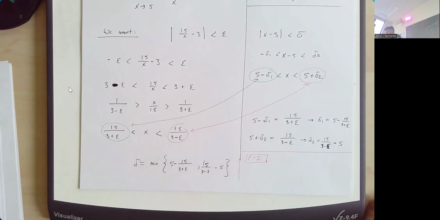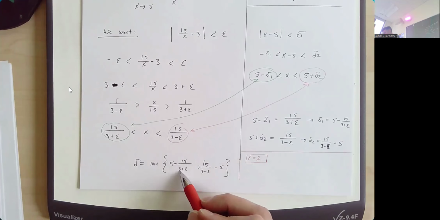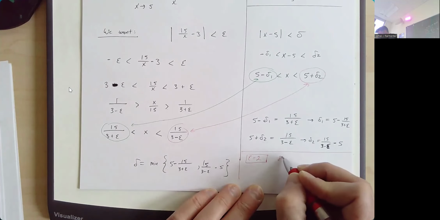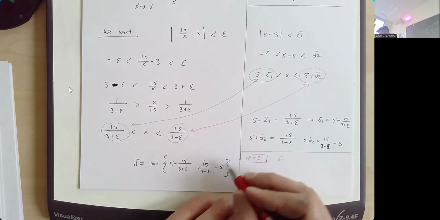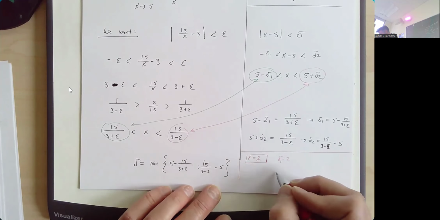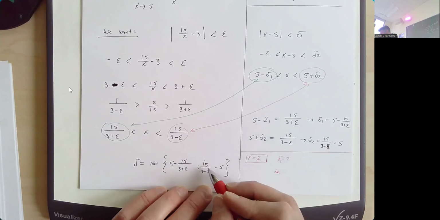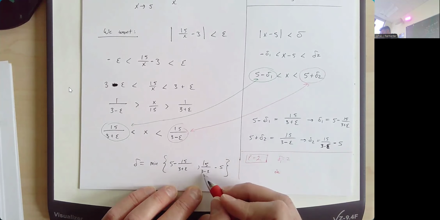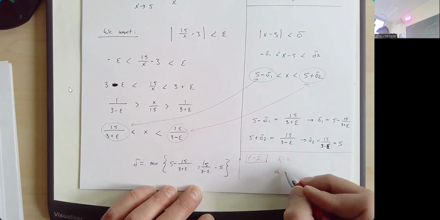And if epsilon is 2, well then 3 plus 2 is 5, 15 over 5 is 3, 5 minus 3 is 2. And that'd be delta 1. And if epsilon is 2, then delta 2 is going to be 3 minus 2 is 1, 15 over 1 is 15, 15 minus 5 is 10.